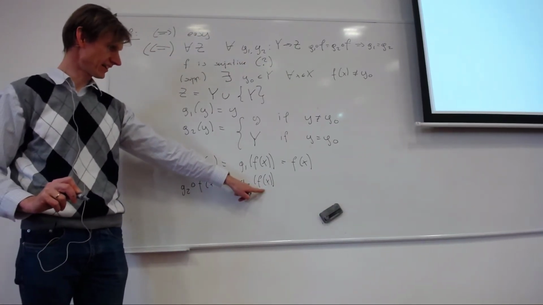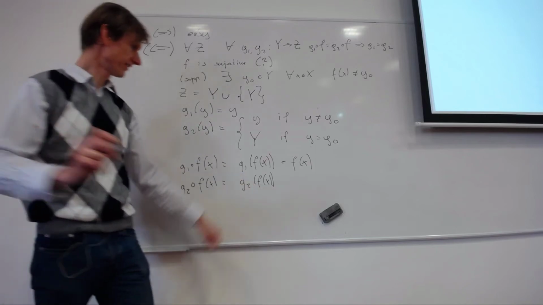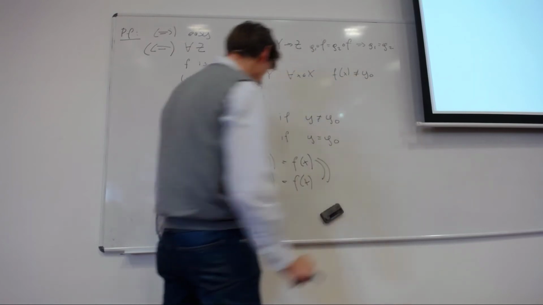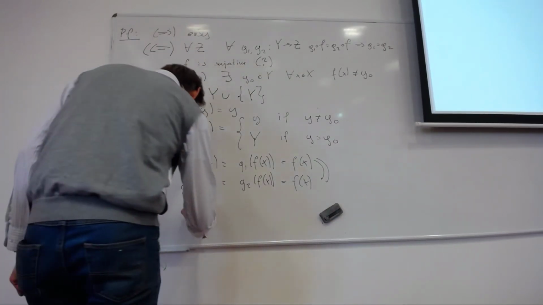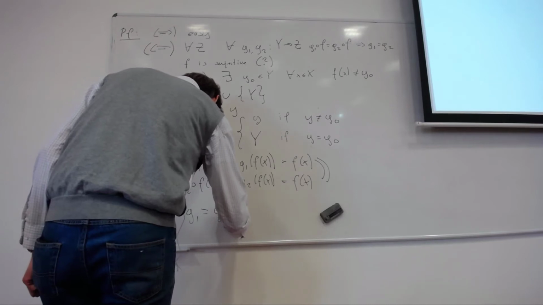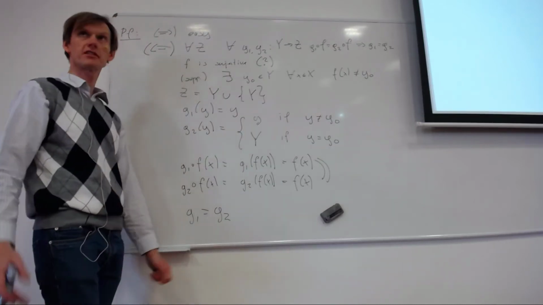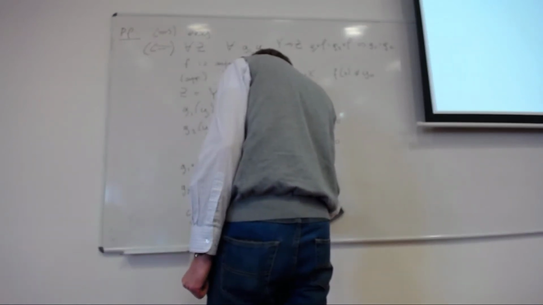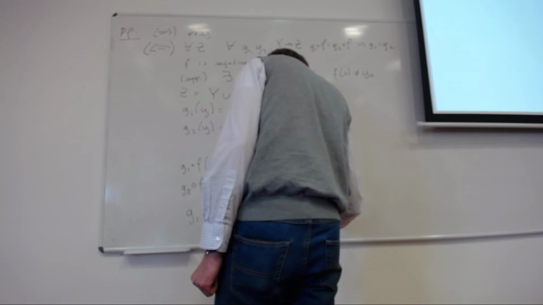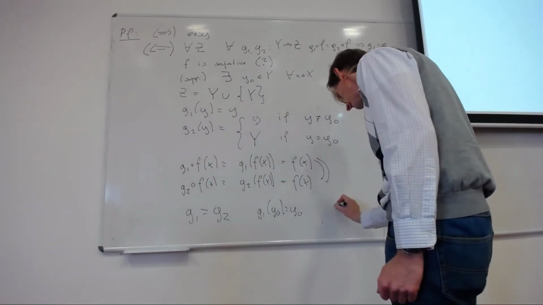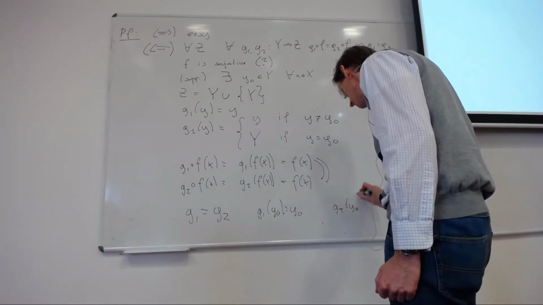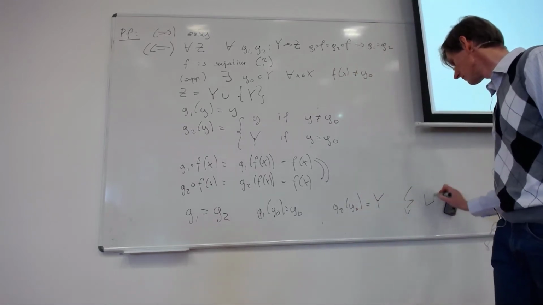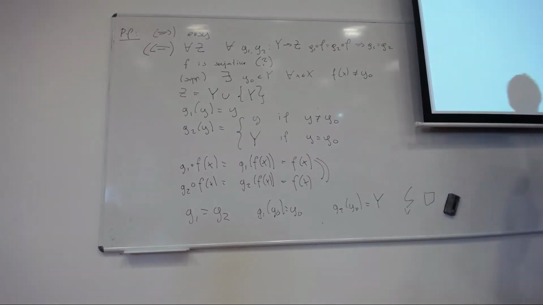But this is never equal to y0, so this is also F of x. So these two things are always equal, which implies that G1 is the same function as G2. But of course it's not, because G1 of y0 is y0, and G2 of y0 is the whole set Y. So we have a contradiction here.